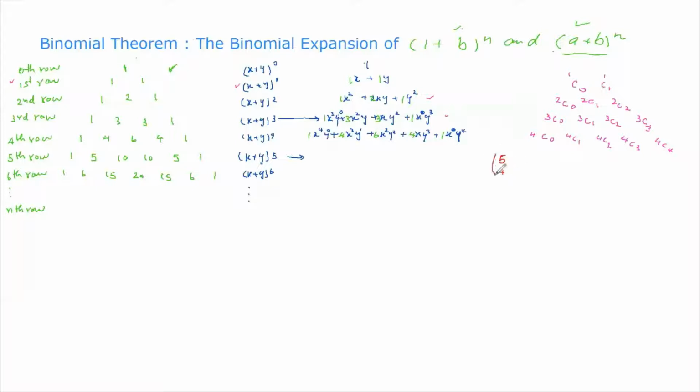Okay, so we can write in this way, correct? Or we can write in this pattern 5C4. All of this is the same meaning, right? So 5 means the row. That means fifth row. 4 is talking about the fourth term.